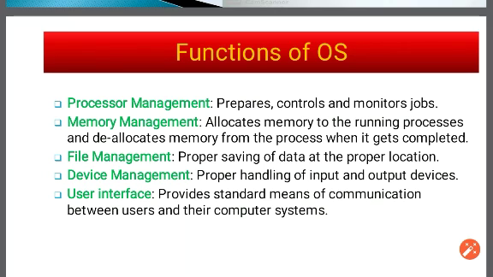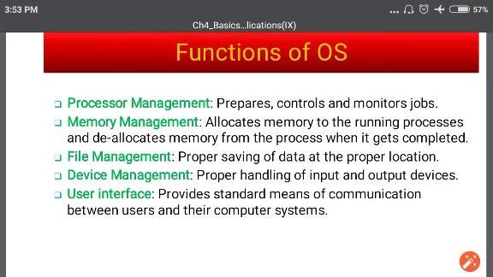Then the file management, for proper saving and storing of the files in proper location, operating system is responsible. Then the device management, it is also responsible for the proper handling of output and input devices.